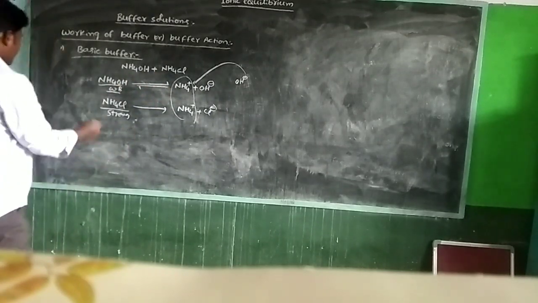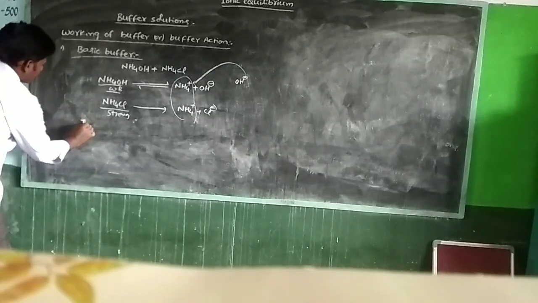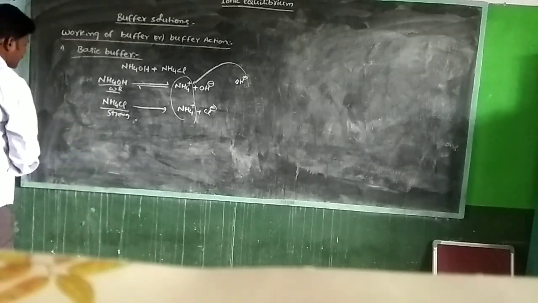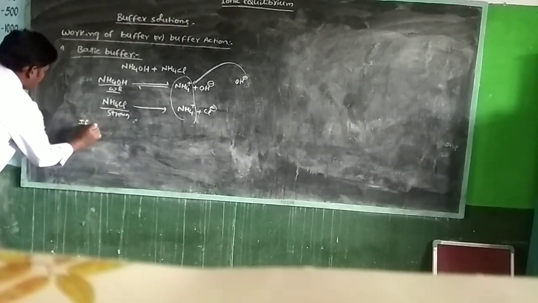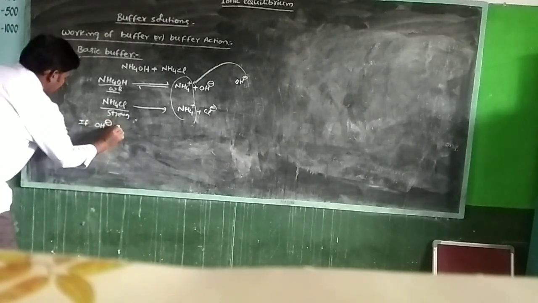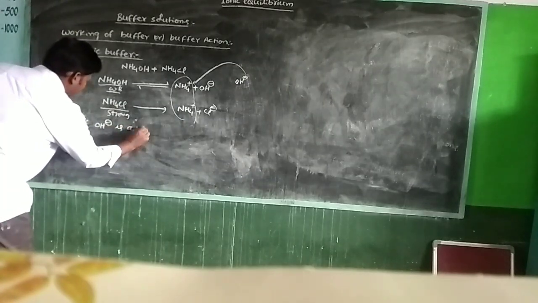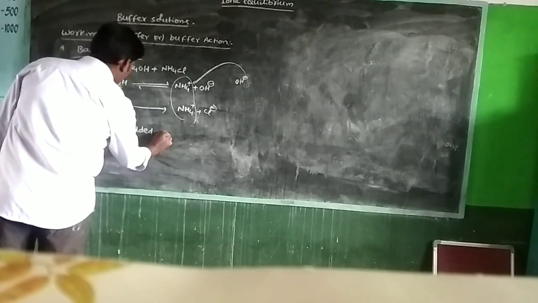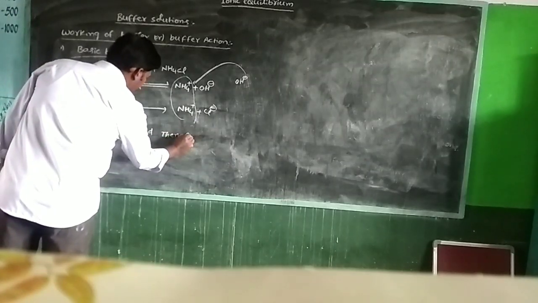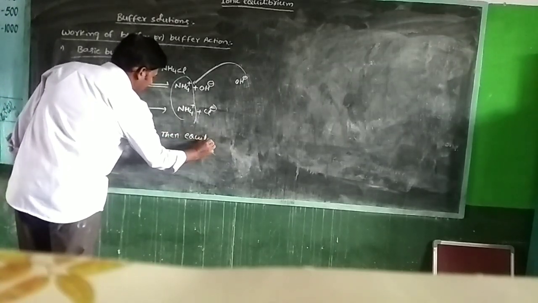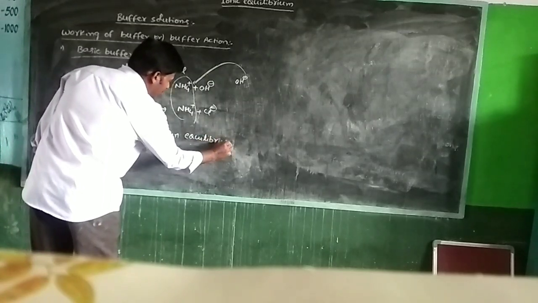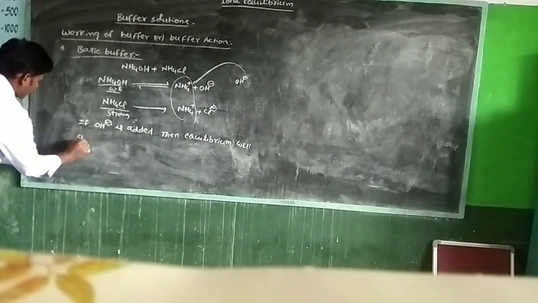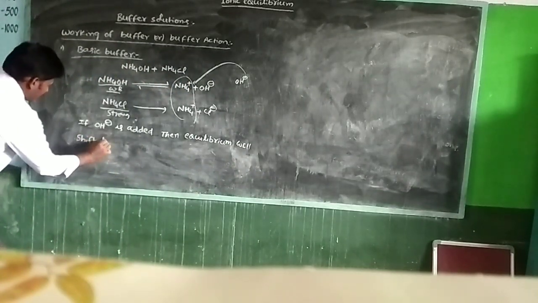Now you can write: if OH minus is added, then the equilibrium will shift in the backward direction.